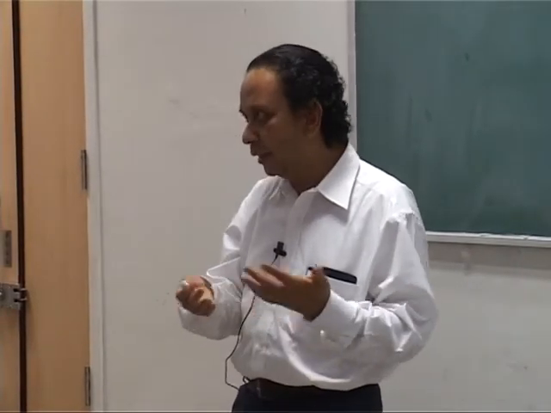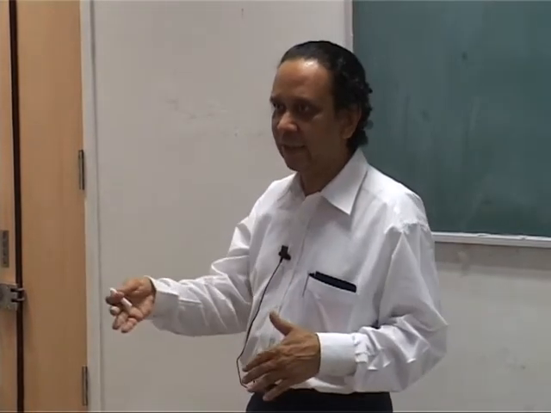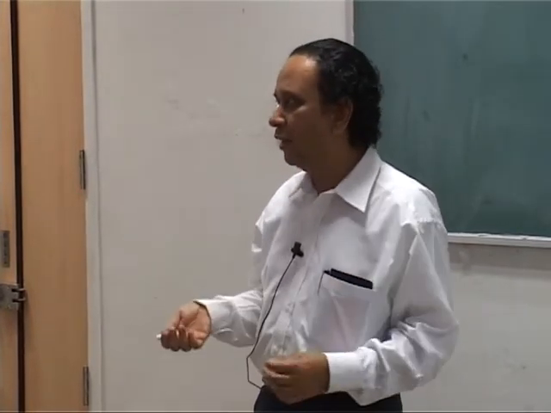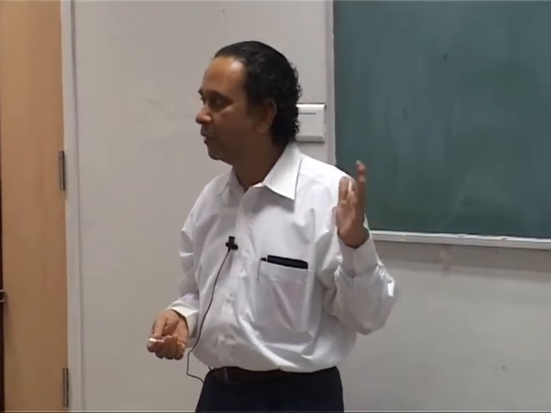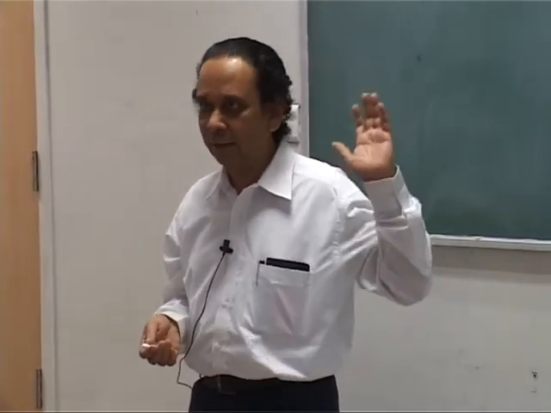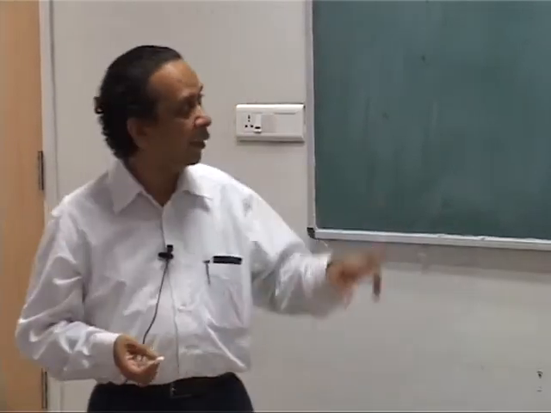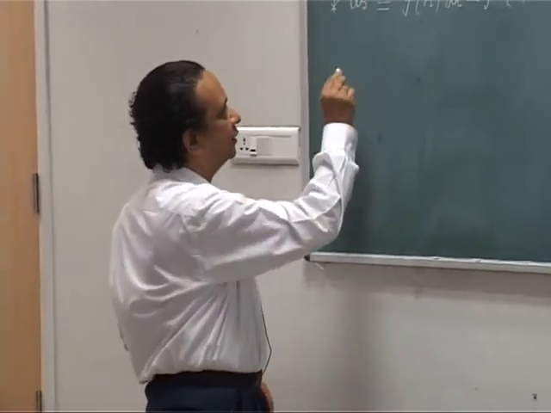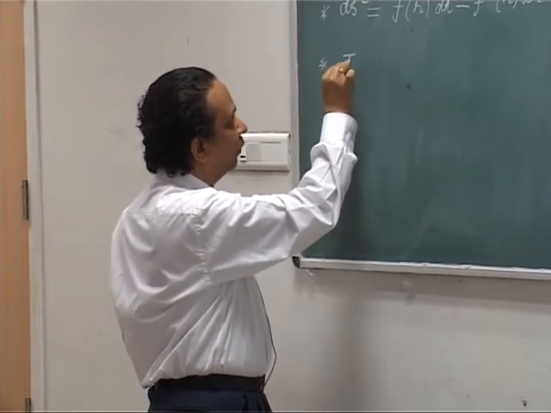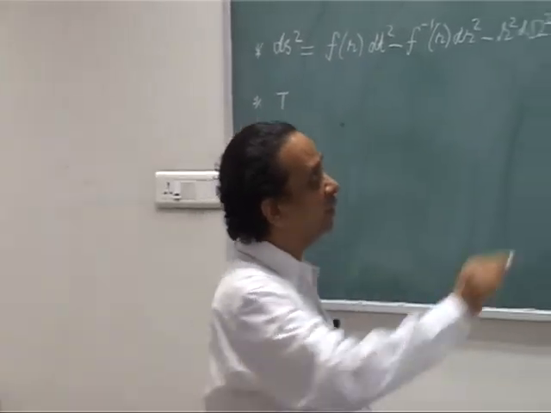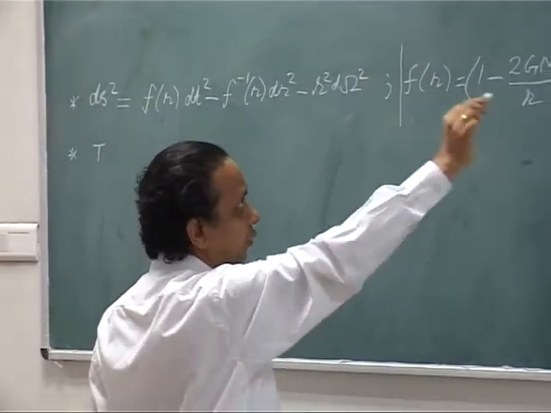I mean, it is a cheap trick. You start with the metric and find what the energy momentum tensor is, but if it works, it is well and good. And solving Einstein's equation is such a horribly complicated problem that anything is fair in getting it out of it. Now, if you do that, what you find is the following. This metric is a source if, okay, I mean this metric not with this particular solution, okay, this is separate.